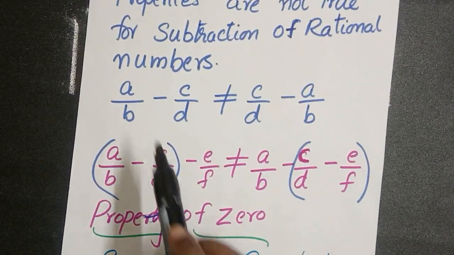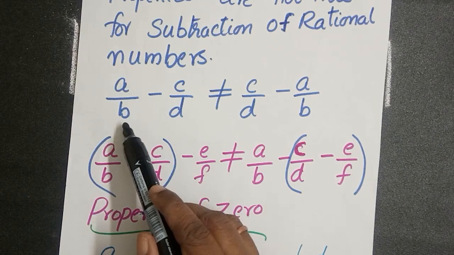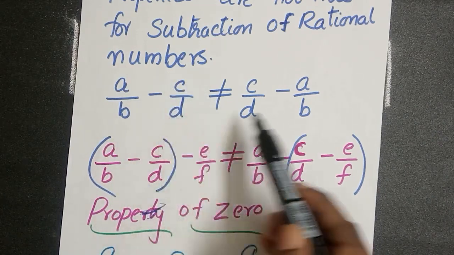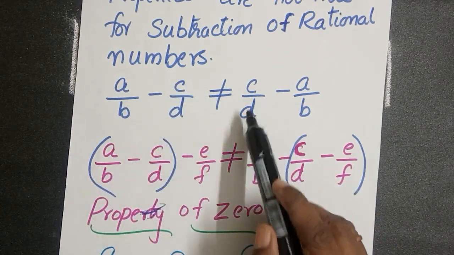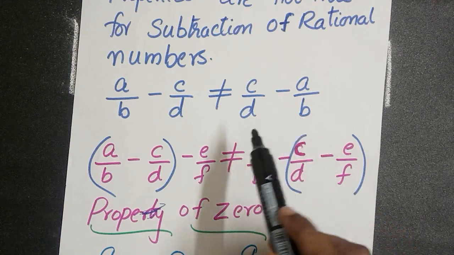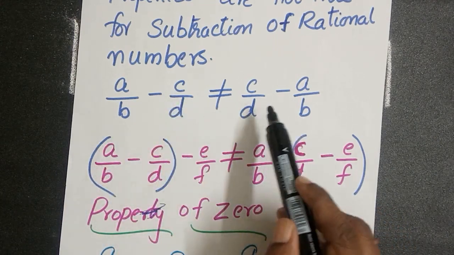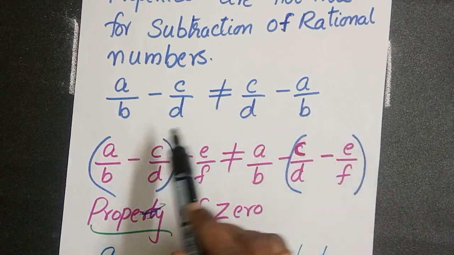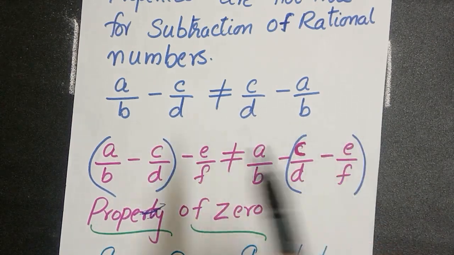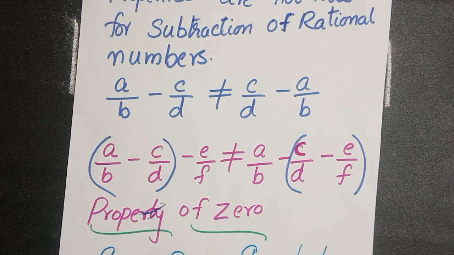Okay. For example, if you take a by b minus c by d, if you change their order, c by d minus a by b will not be equal to a by b minus c by d. This will get a negative sign. It will get opposite answers. Okay. Or you can say you will get additive inverse when you change the order. So in case of subtraction, the order matters.